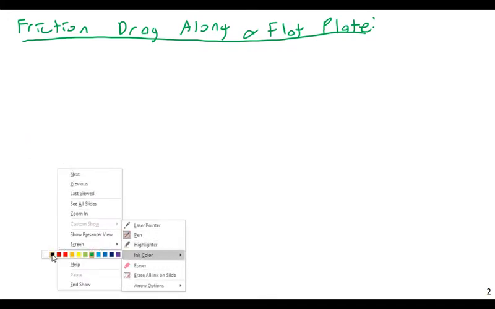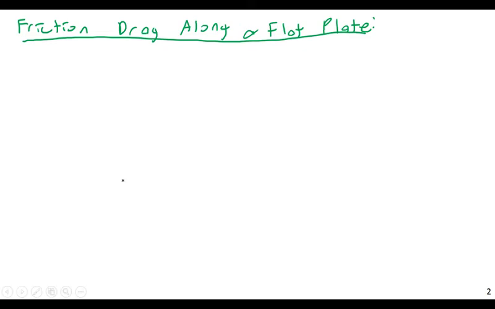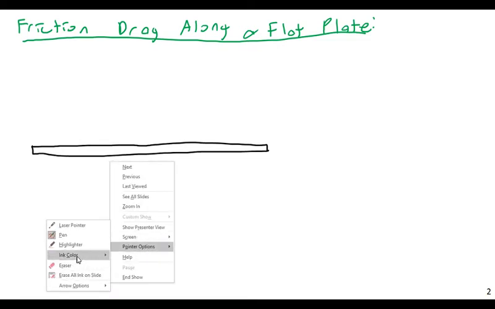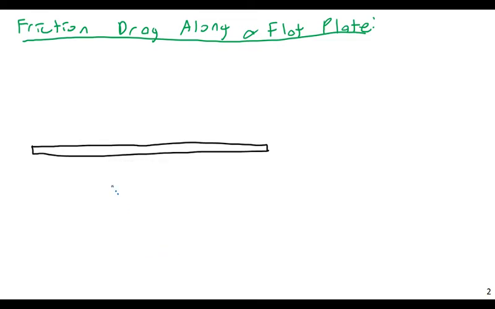The basic idea is that as air flows along a plate, it goes from laminar to turbulent. So if you have a flat plate, depending on the length of the plate, initially you're going to have a zone of disturbance like this.